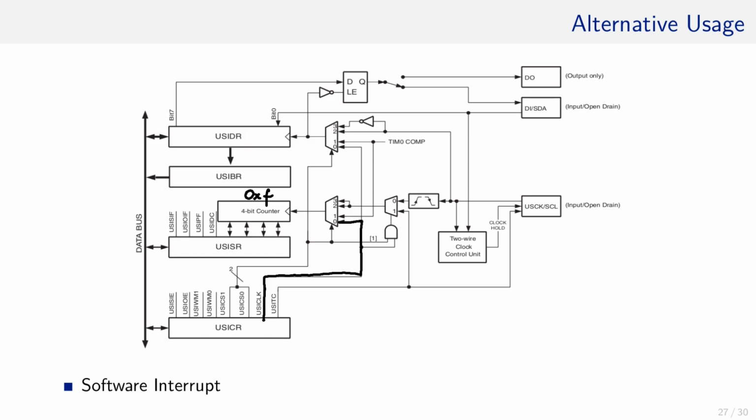This USI clock can be written to by software. Therefore, if the multiplexer is set to the clock source USI CLK and the developer writes a 1 to USI CLK, the timer overflows and again an interrupt request is issued.